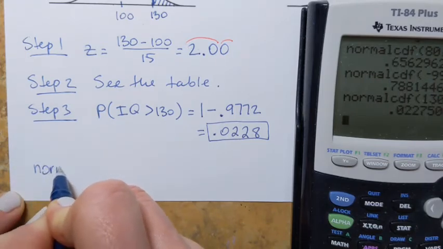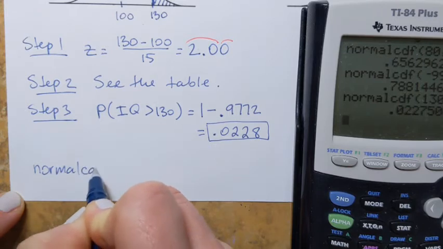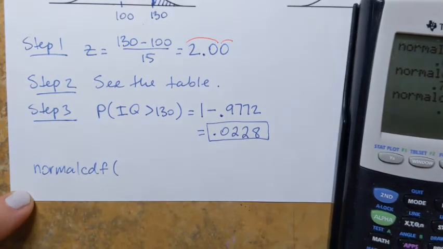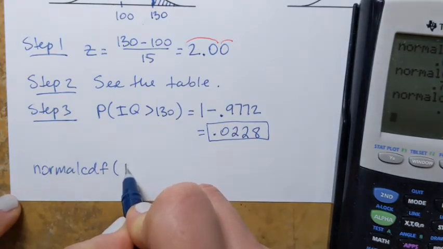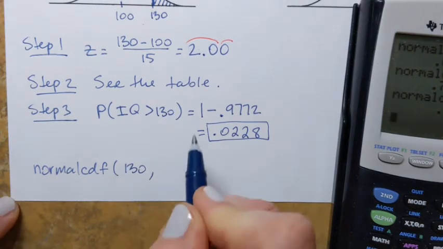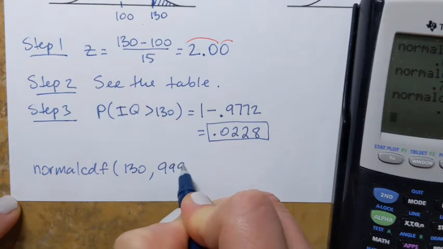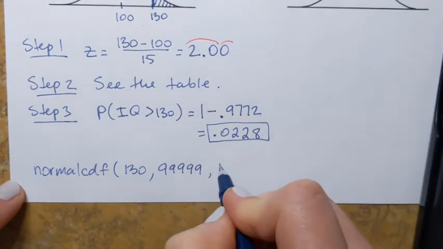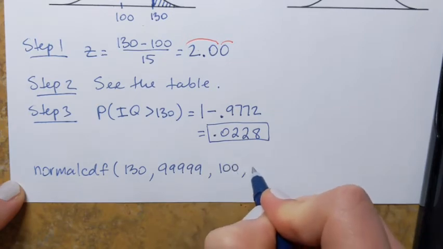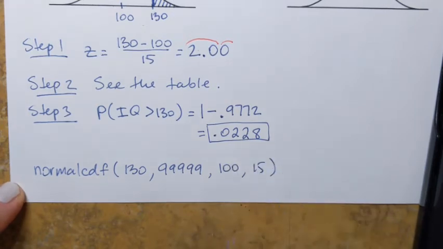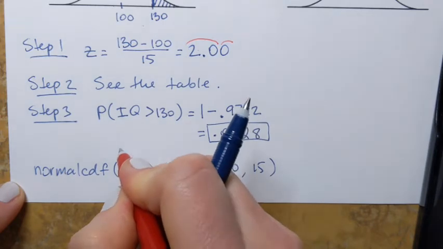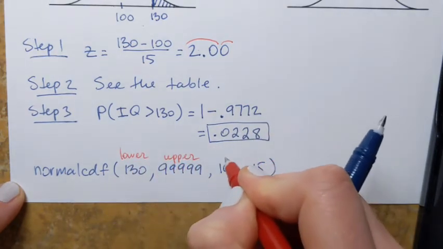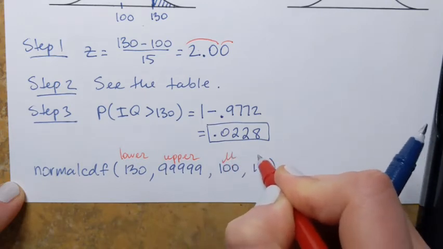Normal CDF with the parentheses open would be given to me by the calculator, but then I will enter the following numbers: 130, that's the lower boundary, 99999, that's the upper boundary that I chose, and 115 right here. So lower, upper, mean, standard deviation.